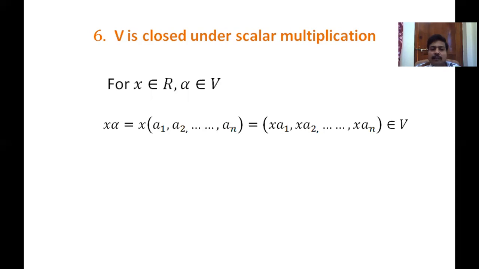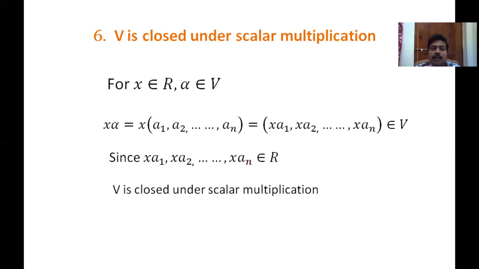So since a1, a2 and so on an are real numbers, xa1, xa2 and xan are also real numbers. So it is an n-tuple with all real numbers. So this belongs to Rn, that is V. So we can conclude that V is closed under scalar multiplication. So our sixth axiom is also true.